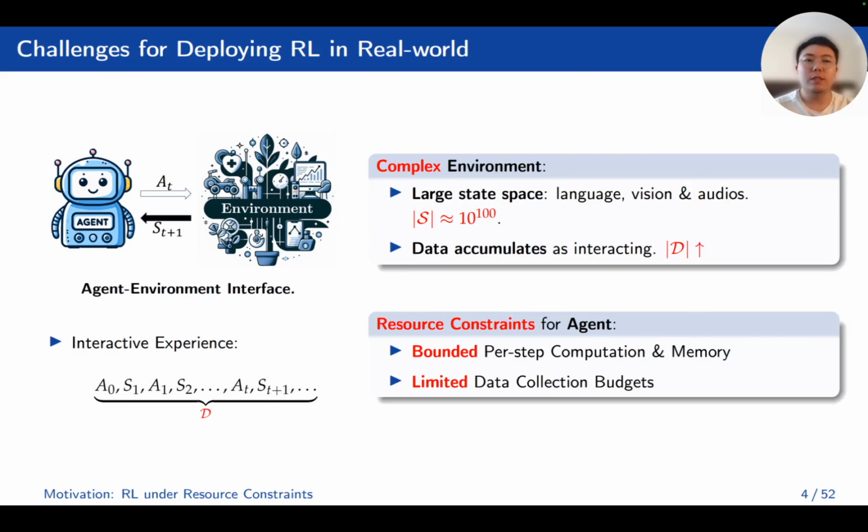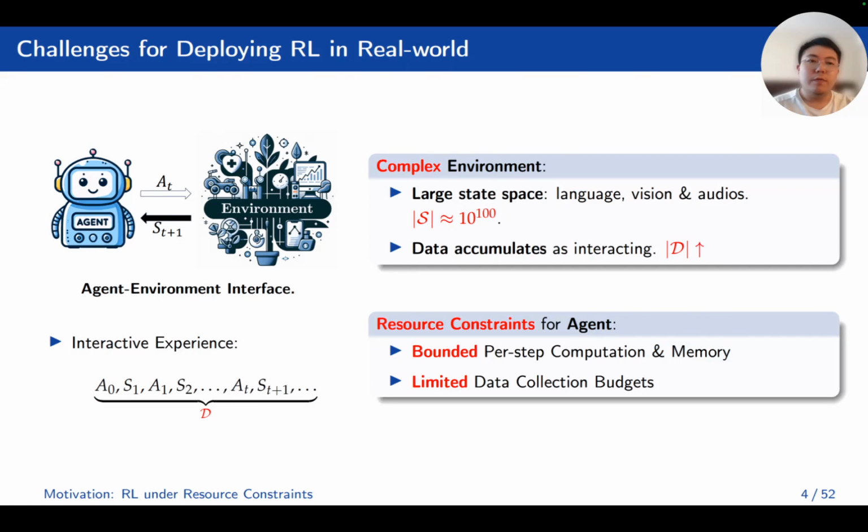So the state space is exponentially large in such applications. And also, since this is an interactive process, the history data set, or the experience, will become increasingly large as the agent continuously interacts with the environment.